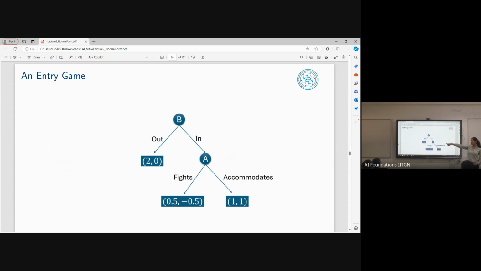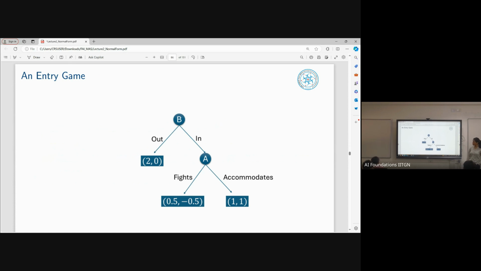Either it is trying to go ahead with its business, opting in, or just opting out. Once it opts out, then there is nothing for A to do. It's just out of the way. But if it opts in, then either A can fight against it or accommodate. And for that, we have corresponding utilities or payoffs defined here at the bottom. So all the leaf nodes define your utility.